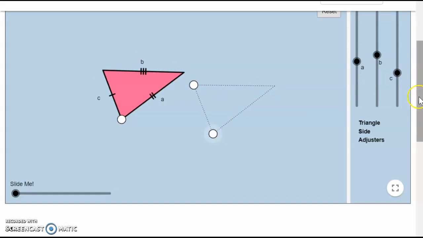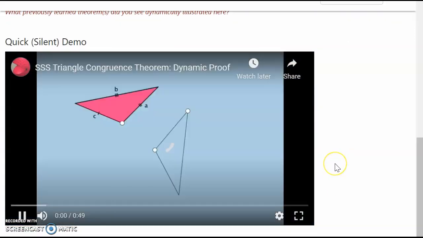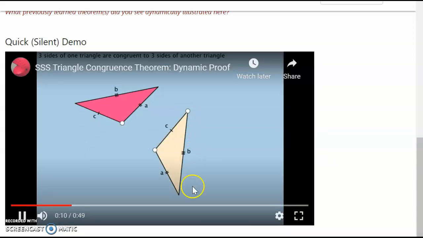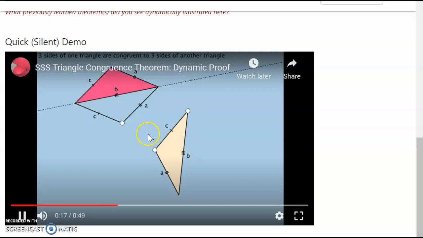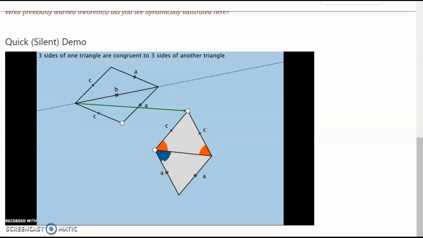You can watch this video as well. If you copy one side and another side and the third side so that they meet at the ends, the only way is as if it is a replica of the other shape. You can translate it, and all the angles are going to be the same regardless.